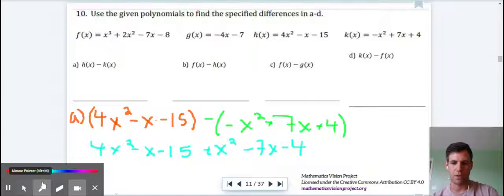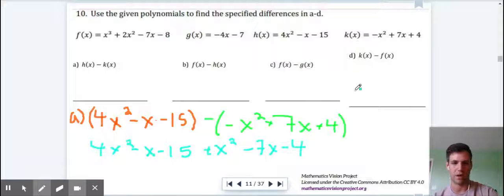And so that means we have 4x squared and a positive x squared to make 5x squared. And we have negative x and negative 7x is negative 8x. Negative 15 and minus 4 is negative 19.